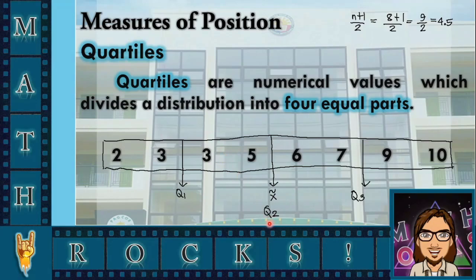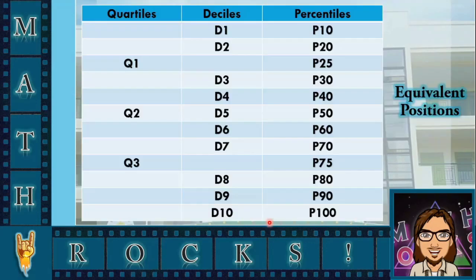And if we take a look at this equivalent position, since the first quartile covers the first 25% of the distribution, it would be equal to the 25th percentile. Okay? And the second quartile covers the first 50% of the distribution, so it will obviously be our median. Okay?